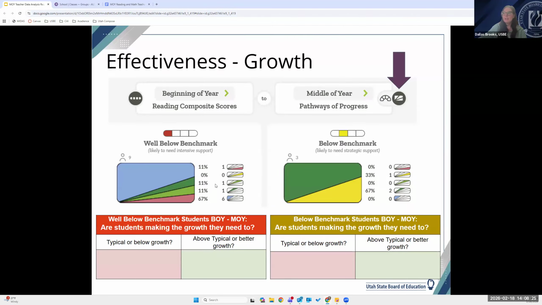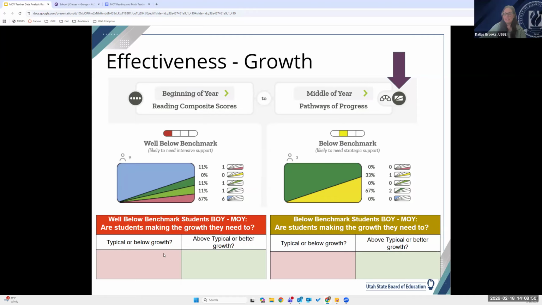None of my students are making below typical, and 1 of those 9 is making well below typical growth. So the student who is in the red and the student who is in the light green, those are my students that I need to be looking at and pushing so they can try to close that achievement gap.